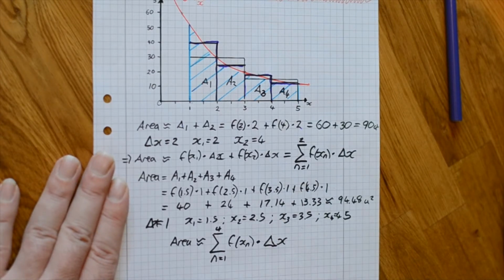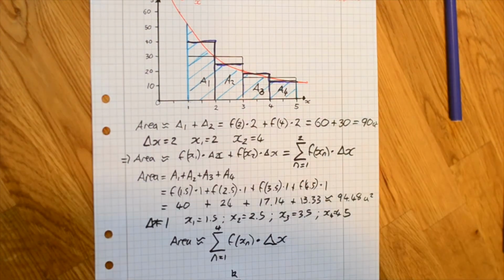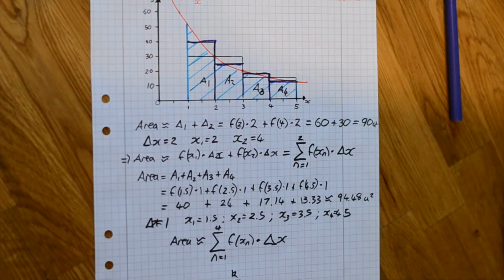This starts at n equal to 1 and then up to k. This means that we're going to have an infinite number of rectangles we're going to sum. So we have f of the kth x multiplied by the change in x.